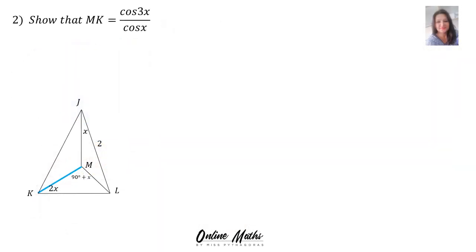Let's continue. So the next question says that we must show that MK is equal to cos 3x over cos x. So MK is the blue line over there. Now, first of all, we can start by saying in triangle KML, if we look at the angles there, we can say that angle KLM, which is this tiny little angle there, we can work it out by saying it's 180 degrees minus the sum of the other two.